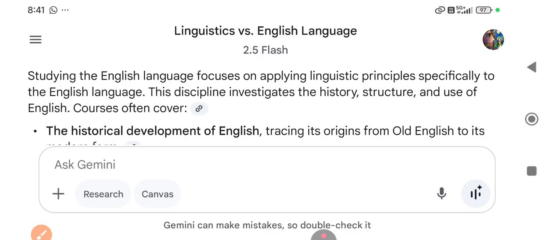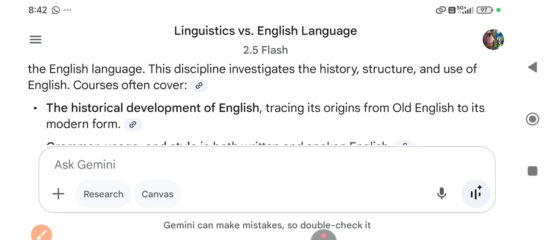In Ram eats a mango, the subject is Ram, eats is the verb, and then the object is a mango. But in Hindi, Ram aam khata hai, the first place is the subject, then the object aam, and the verb khata hai in the next place. So these are the rules of each language which we study. It investigates the history, how Hindi and English developed, then the structure and use of English, and where English is used, where Hindi is used, where Sanskrit is used.